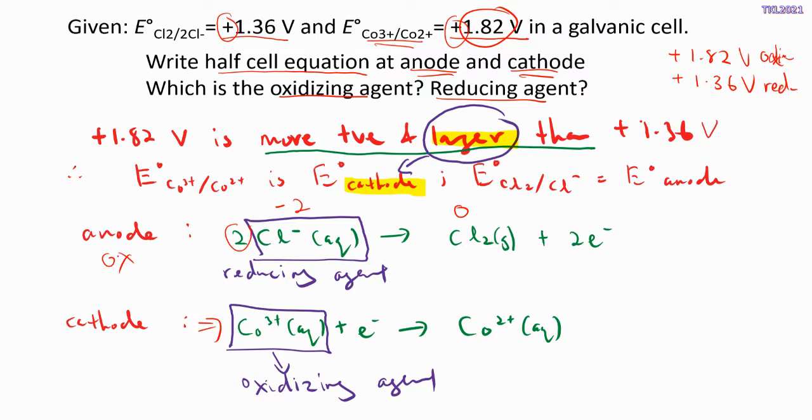Or else, as you have learned before, at the anode it reduces the other species, so it is the reducing agent. At the cathode it oxidizes the other species, so it is the oxidizing agent. You can use both ways to determine whether it is the reducing agent or oxidizing agent in a galvanic cell. So that's all for this part.